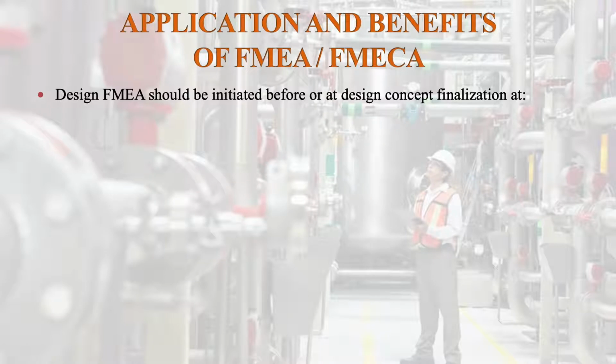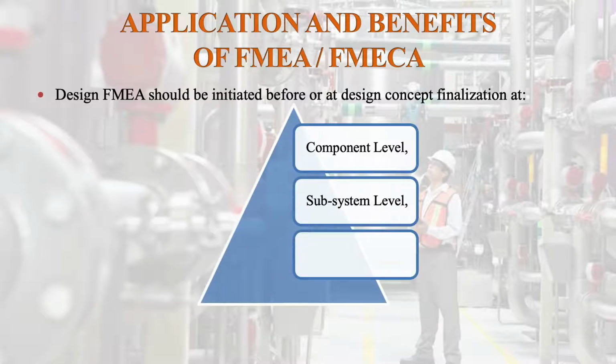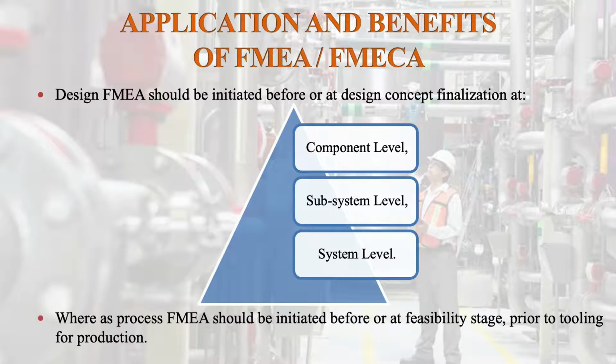Design FMEA should be initiated before or at design concept finalization at component level, subsystem level, system level, whereas process FMEA should be initiated before or at feasibility stage prior to tooling for production. So this is explaining where FMEA can be utilized. Design FMEA should be implemented before conceptualization at component level, subsystem level and system level.